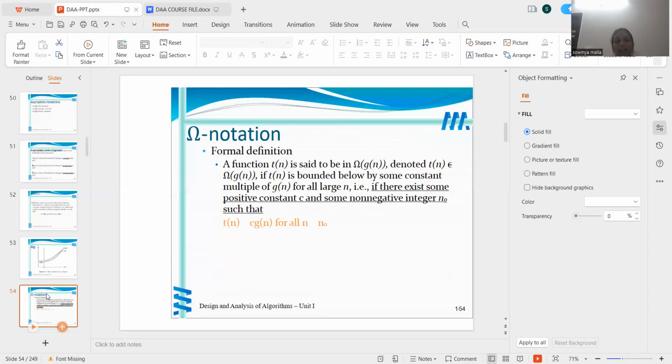Let f of n and g of n be two non-negative functions. Then f of n equals omega g of n if there exist two positive constants c and n naught such that f of n is greater than or equal to c of g of n for all n greater than or equal to n naught.